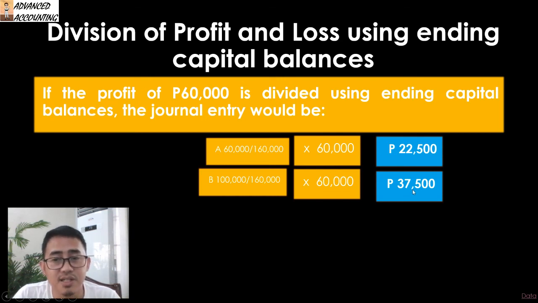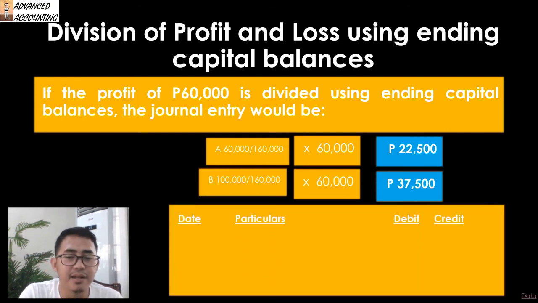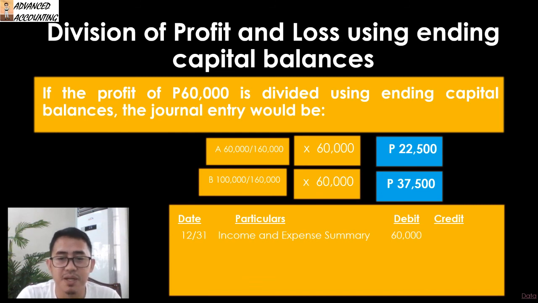That is their share from that profit, provided that the partnership agreement says that they will divide profits based on ending capital balances. The journal entry to record the division of profits is a debit to Income and Expense Summary, 60,000, credit A, Capital, 22,500, and credit B, Capital, 37,500.